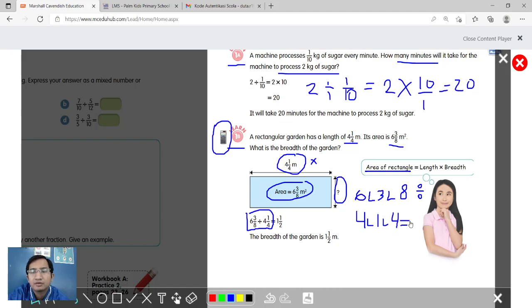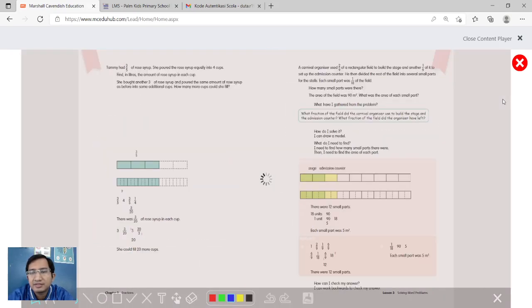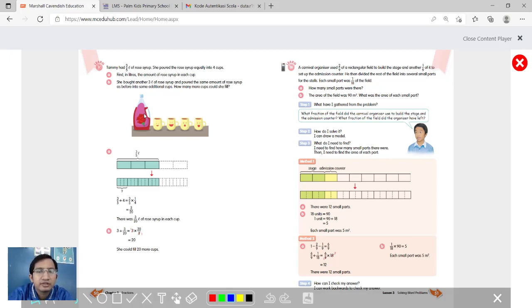And then we press equal. And we'll find the answer as 1, the fraction symbol 1 and 2. Okay, so this is what you will get for finding the area of a rectangle. Any question? No? Okay, now we can go to the next page, which is about learn 1C.